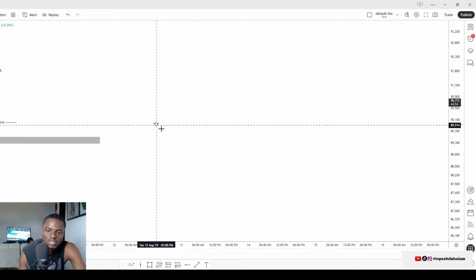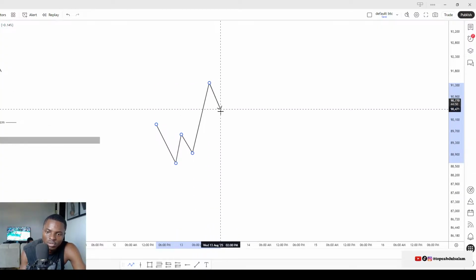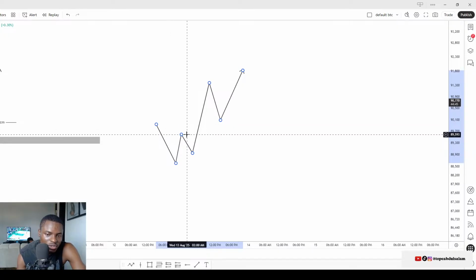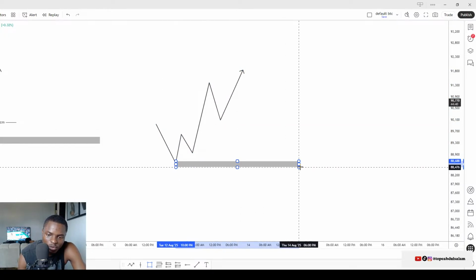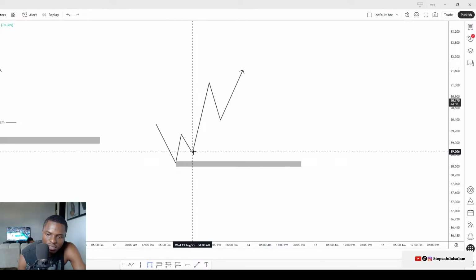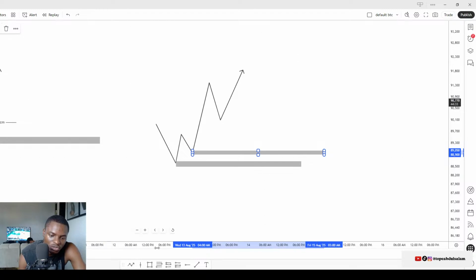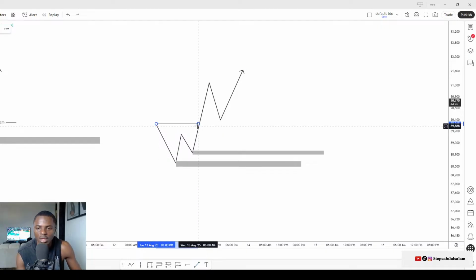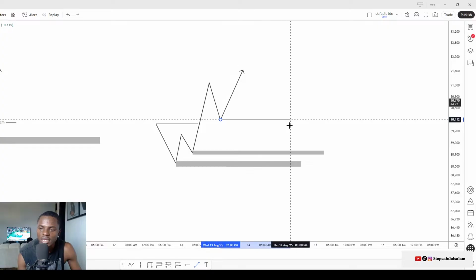And a double leg looks like this. In your double leg, you have point of interest number one and point of interest number two. You have your break of structure here, and you have your inducement here.